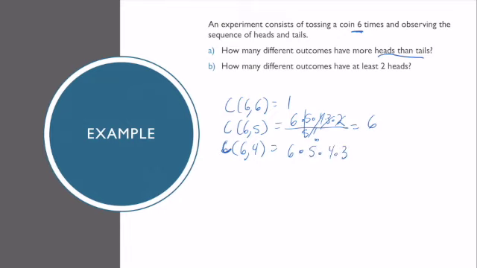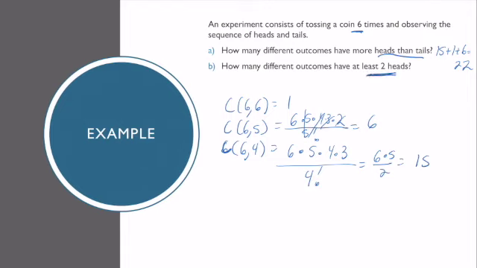And then 6 times 5 times 4 times 3 over 4 factorial. That's going to be 6 times 5 over 2, which is 15. So how many different outcomes have more heads than tails? That's going to be 15 plus 1 plus 6, which equals 22.